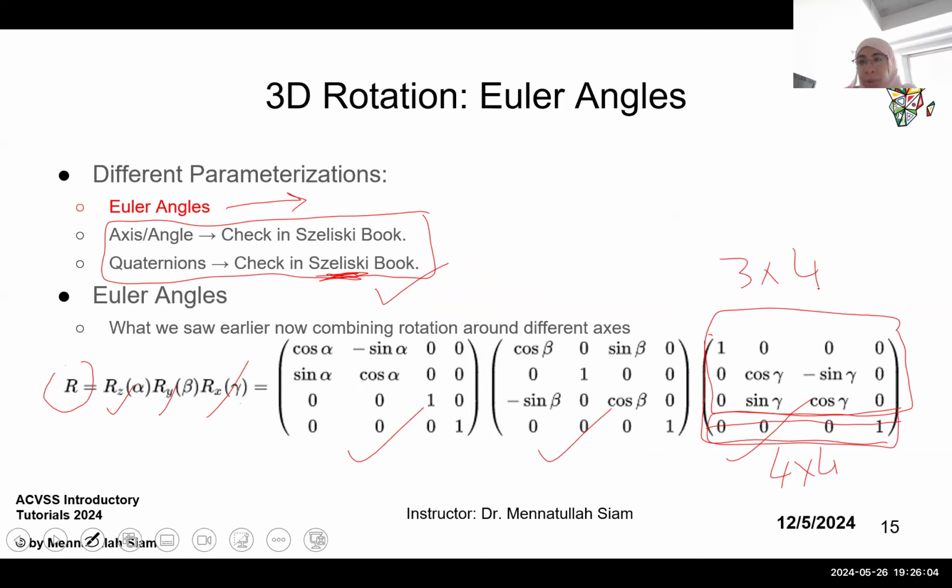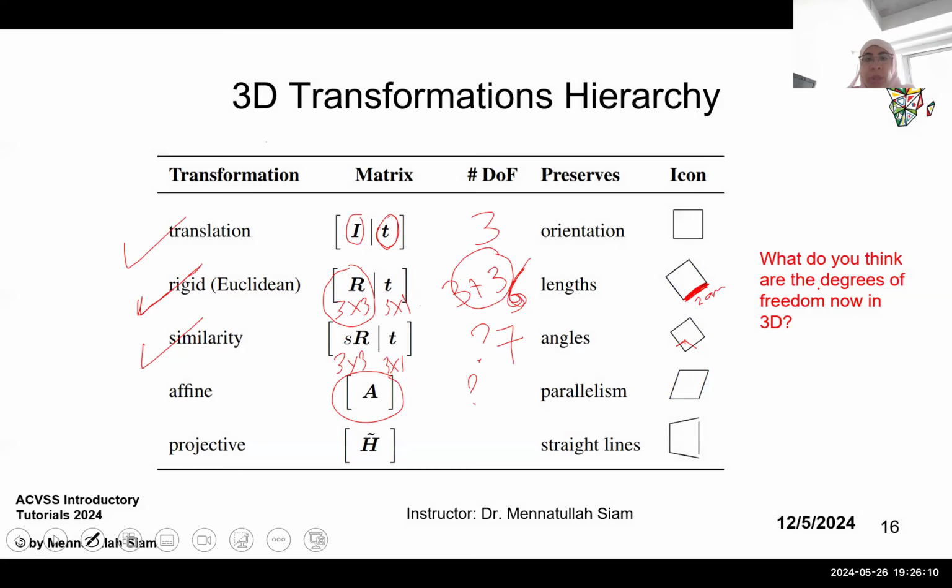Except now you can have some non-isotropic scaling happening in your transformation. So if you have 3 by 4, you end up having 12 degrees of freedom. And the parallel lines stay parallel. But the angles change. So something that was 90 degrees got changed into something that is not necessarily 90. So anyone has an issue with this? How many degrees of freedom here?